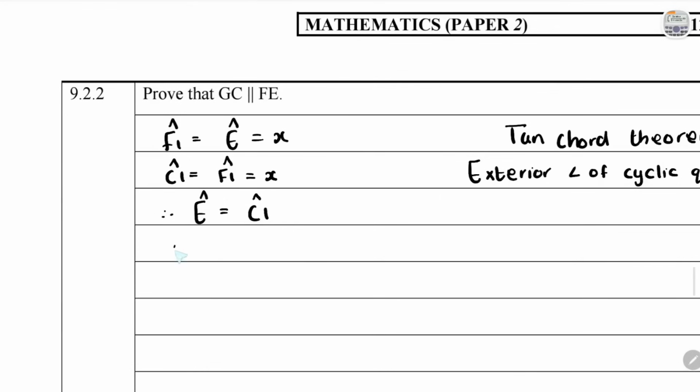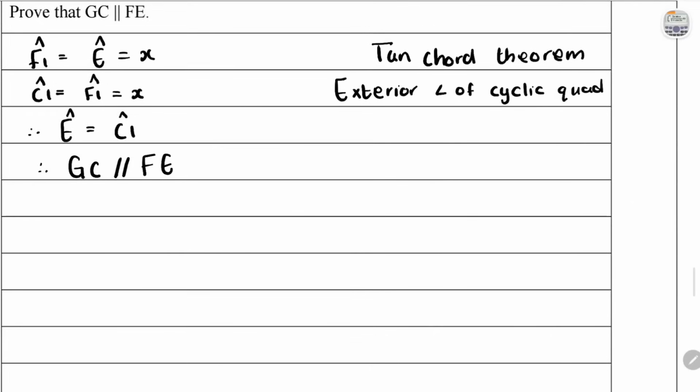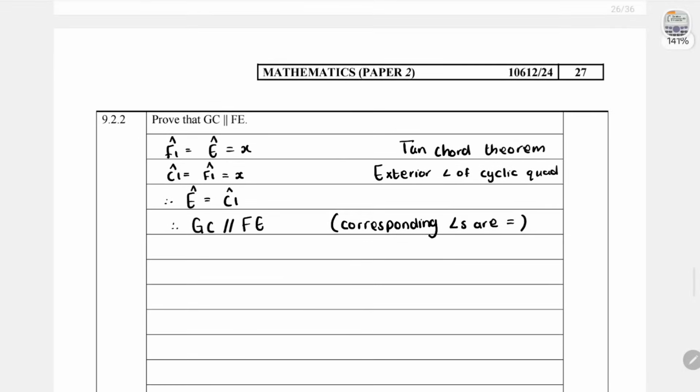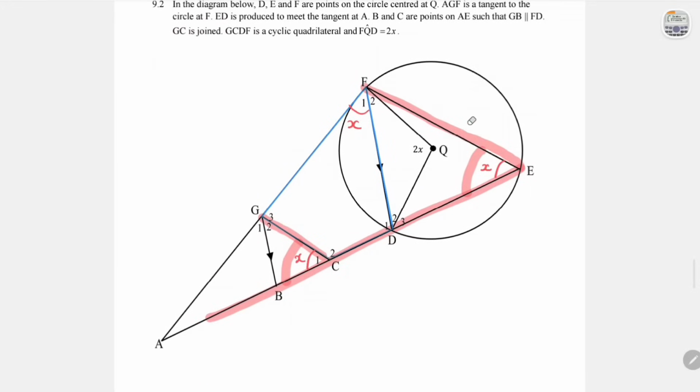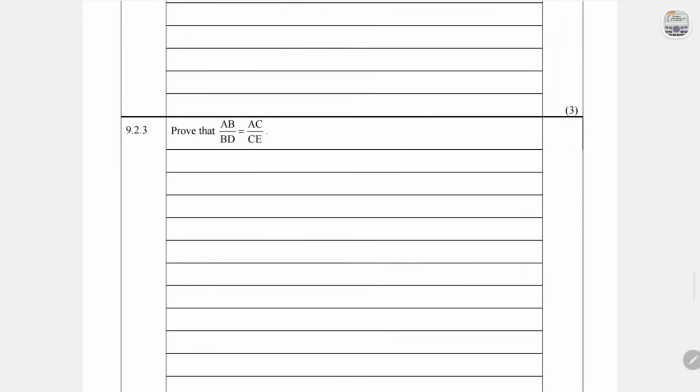And so because of that, it proves that GC is indeed parallel to FE, and that is because the corresponding angles are equal. Okay, and that is it for this question. With that, we can also just note down that these lines are now parallel. Okay, so this is parallel to this.